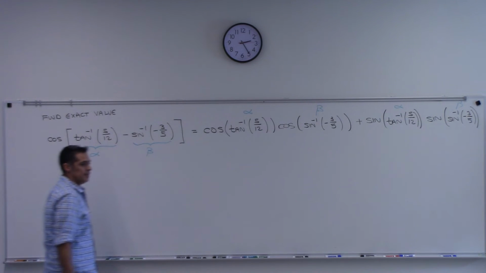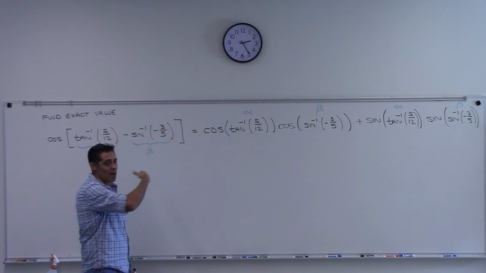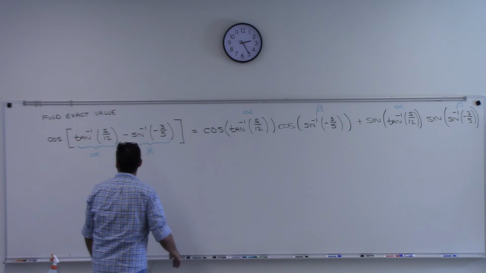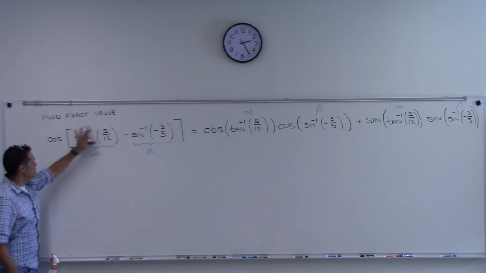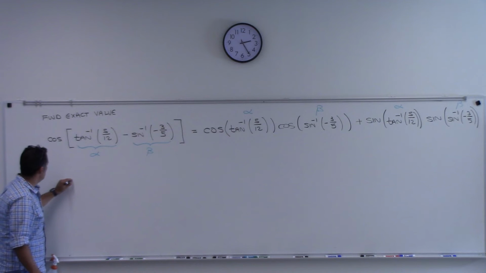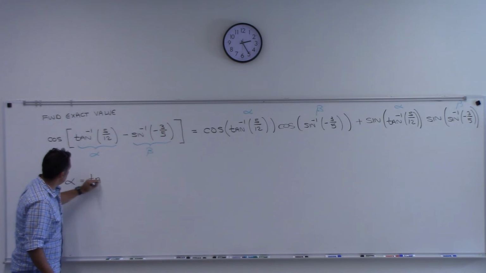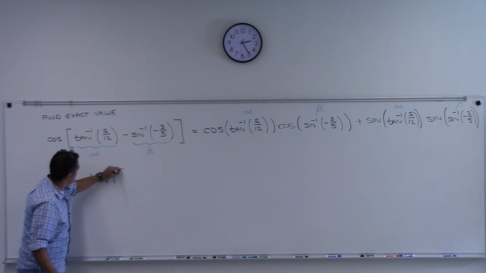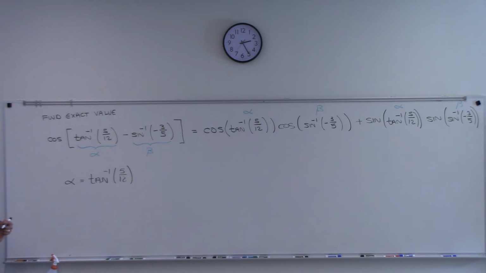All right. Now, we have to figure out what this is. We're not done by any means. So what I'd like to do now is write something down here. Alpha is the inverse tangent of 5/12.